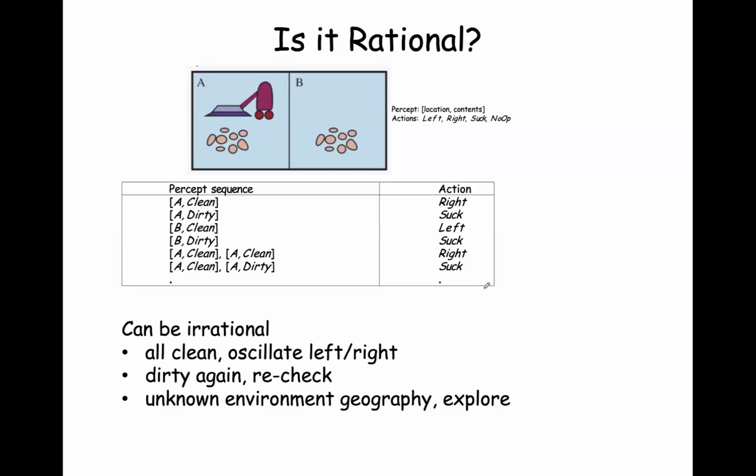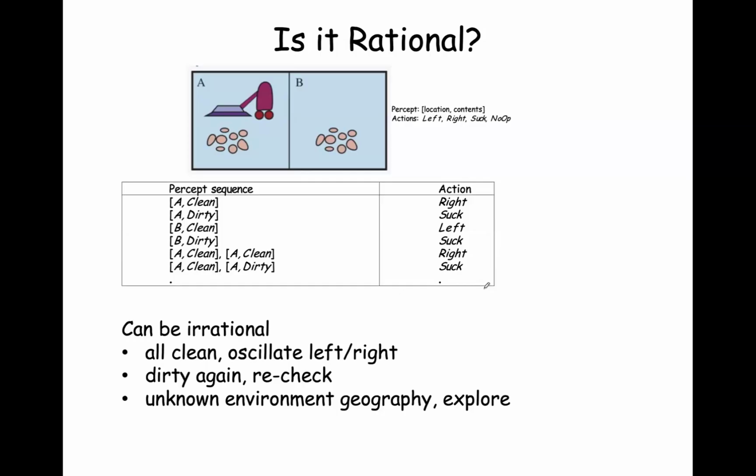If everything is clean, it'll oscillate left and right. If the vacuum's done its job, it should stop. So that would require you to look at the percept sequence and recognize this fact that it's all clean and then play some action, whether it's auto docking to plug itself back in or to just stop, return to some known position.